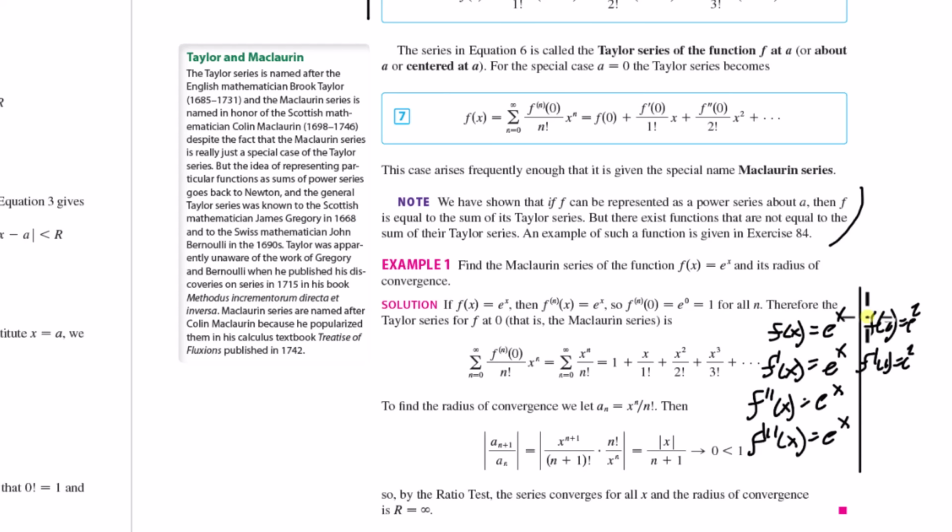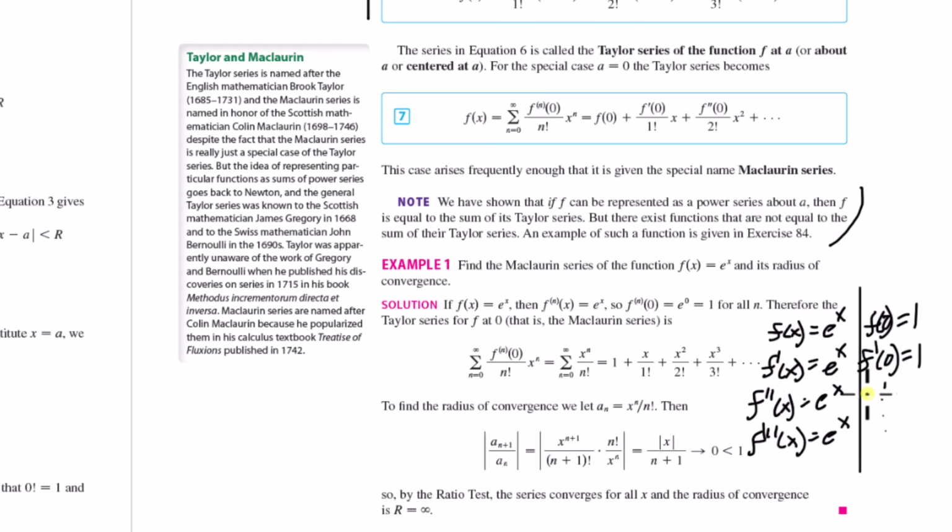And then we're coming to the other side and plugging in the center point. Here the center point is 0, which is nice. But you can see, even if it's not 0, it's not so bad. Like we had e squared each time. But f of 0, e to the 0, is 1. F prime of 0 is 1, etc. And so you can see the pattern of actual numbers that corresponds to the pattern of function derivatives.